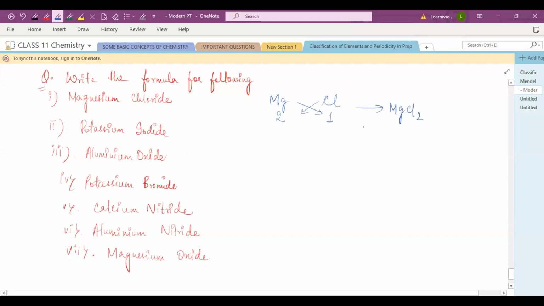For another example, aluminium oxide. Aluminium's valency is 3, and for oxygen, it's 2. Let's crisscross this. You will get Al2O3. That's how we write down the formula. Do the rest of the questions.